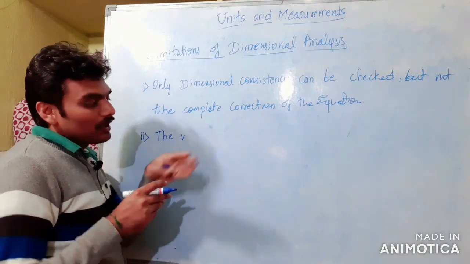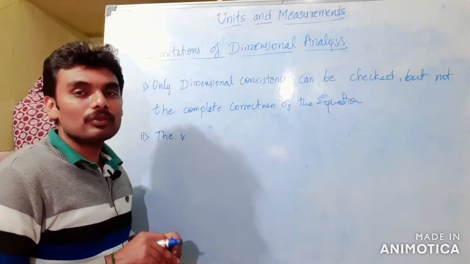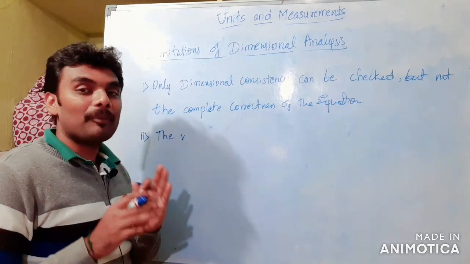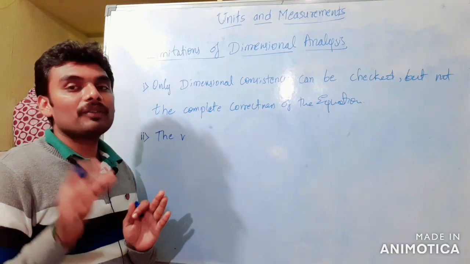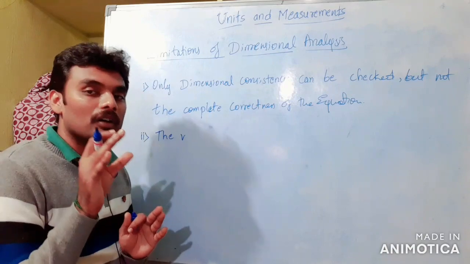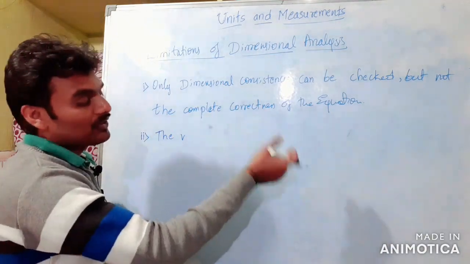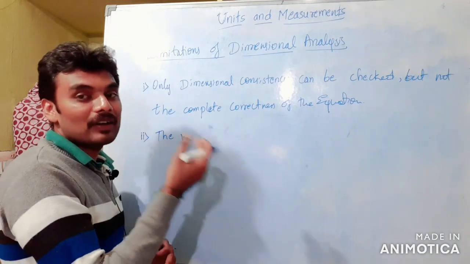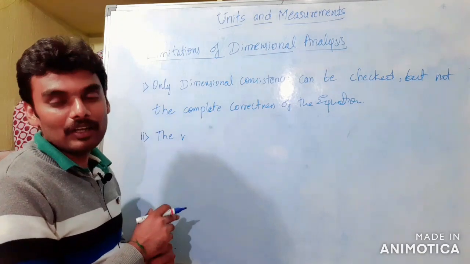The dimensional analysis came till t proportional to root of L by G, but the perfect expression cannot be obtained because the value of the constant that comes in the equation cannot be derived using dimensional analysis.